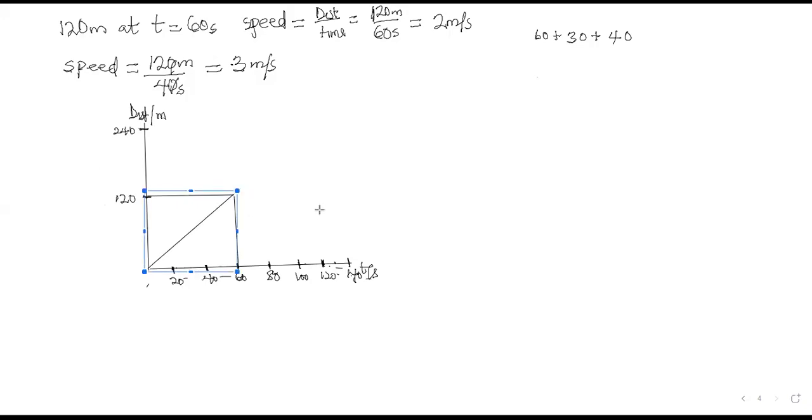Then after talking to her friend for 30 seconds, so 60 plus 30, that's 90. 90 is half of this. They were talking, so the distance covered is 0.